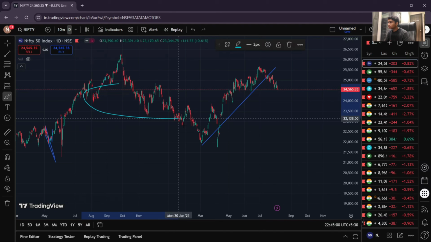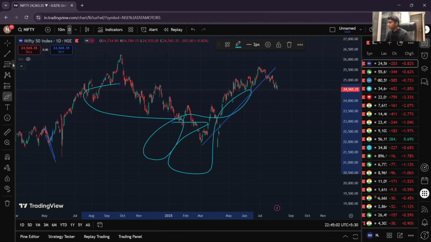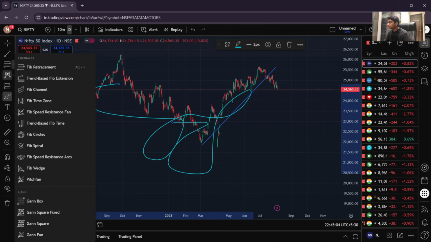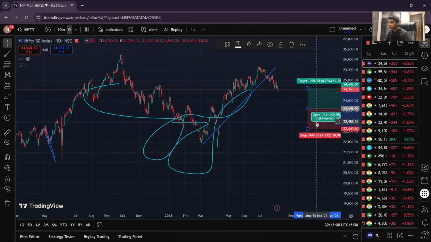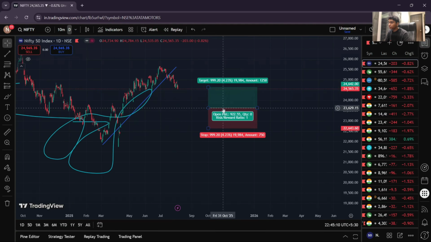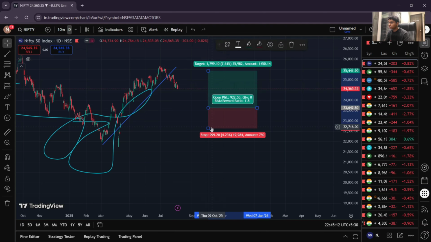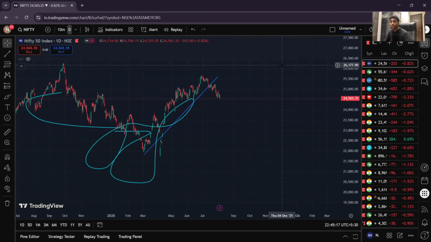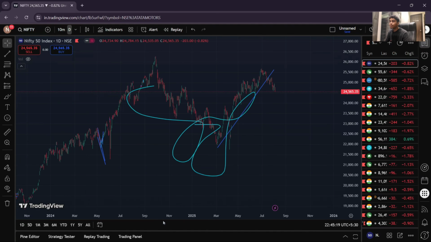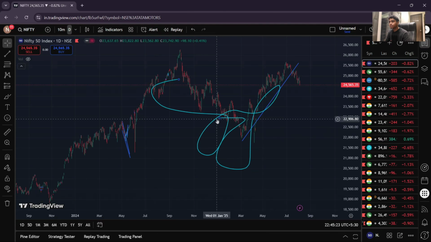Then there are brushes where you can draw. Then, if these are complicated things, over here you can choose the long position or short position. If you buy it, your target is this much, your stop loss is this much. So there are multiple things in it, but you don't need to learn everything, okay? If you can just read the price only, that is enough for investment. No need to learn everything in this, okay?